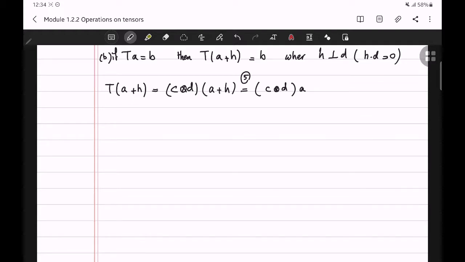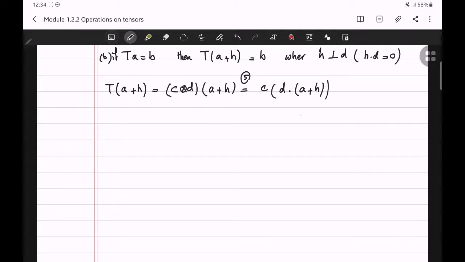Oh, sorry, this is C. This is like the vector C in (A dyad B) C is equal to A (B dot C). So from here, (A dyad B) C, this is C, so this becomes A, which is C. This is B dot C, so this is D dot (A plus h). Good.